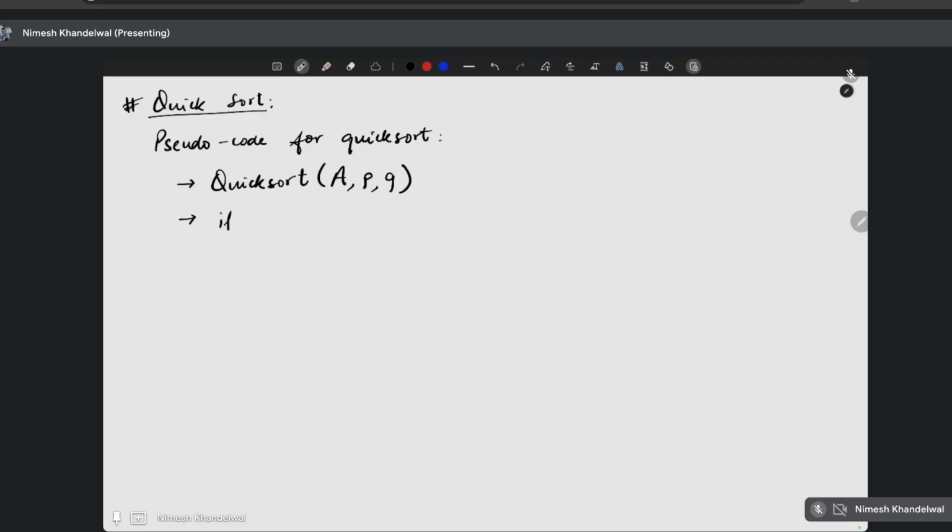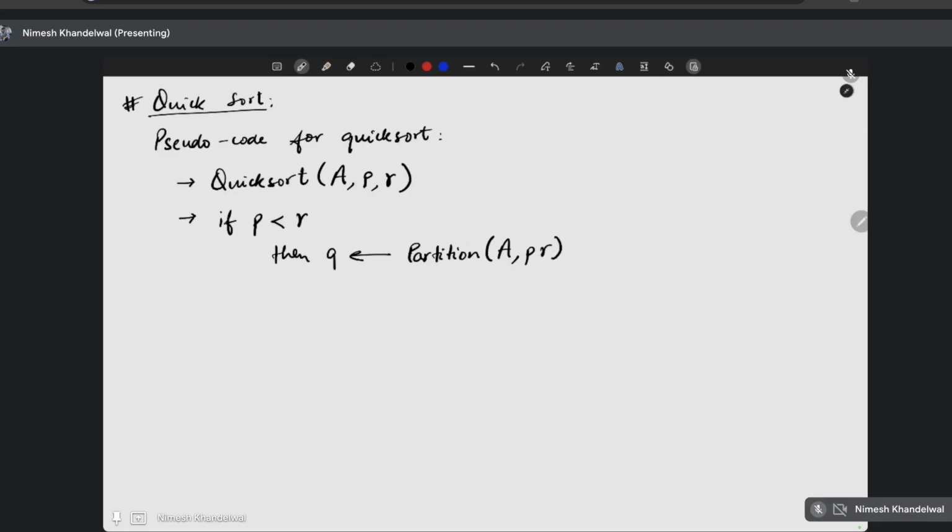So the first step is, if p is less than r, then we get a q, basically another element from the array, using the partition algorithm that was discussed last week, right?